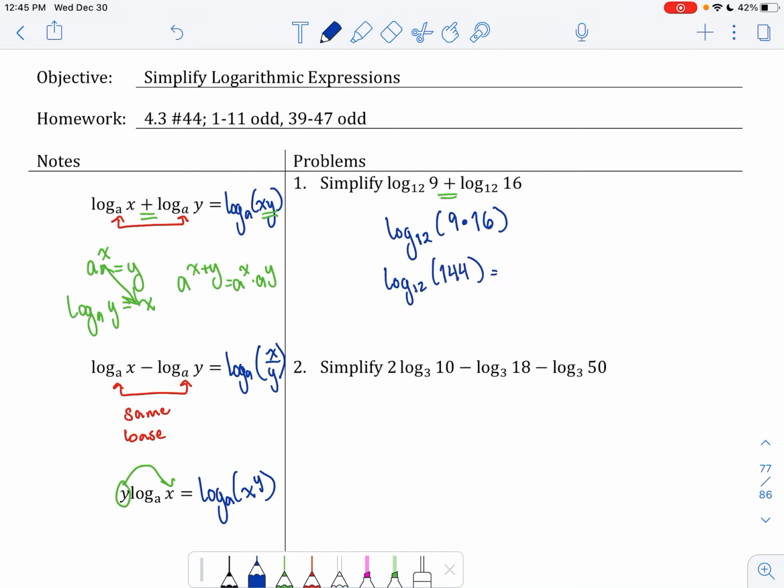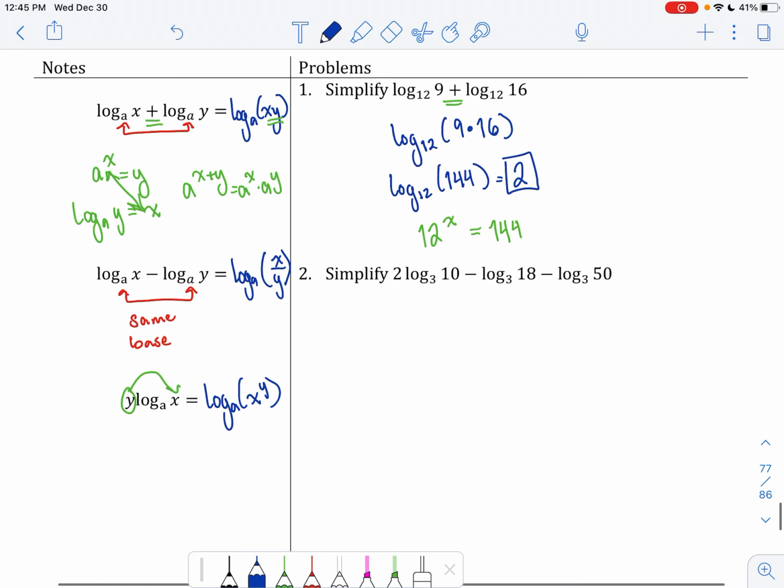And hopefully you would know from here, this is 2. If you want to ask yourself in exponential form, it's 12 to what power is equal to 144. It's squared. So this is one of the reasons that simplifying logs is really helpful, because we don't know what log 12 of 9 is, but we do know what log 12 of 144 is.